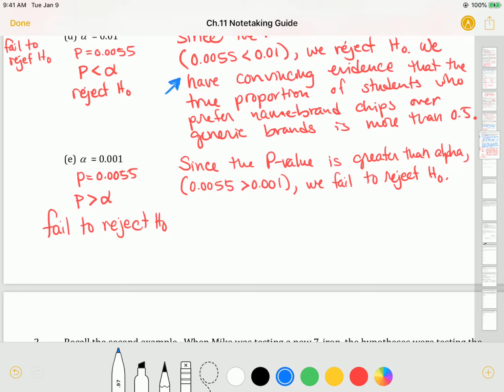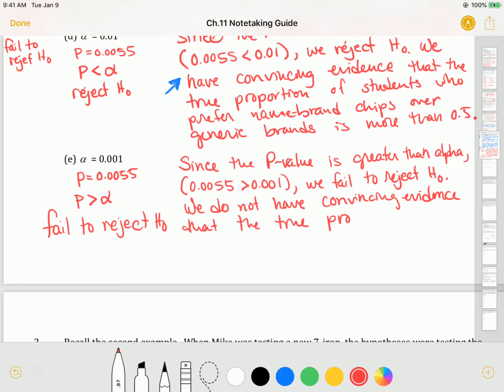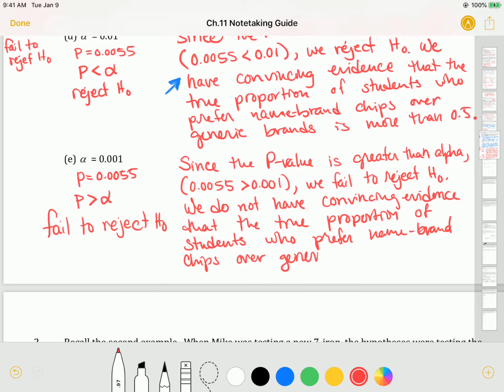We do not have convincing evidence that the true proportion of students who prefer name brand chips over generic brand is more than 0.5.